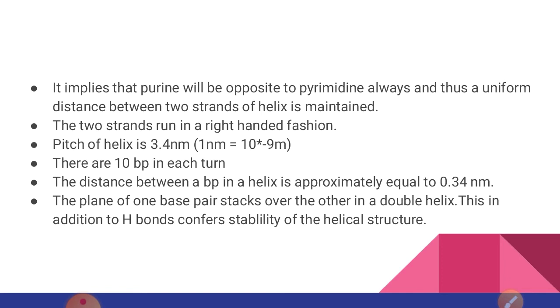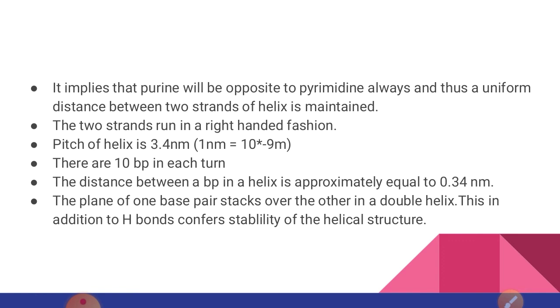The distance between base pairs in a helix is approximately 0.34 nanometer. If the pitch is 3.4 nanometer and there are 10 base pairs in each turn, dividing them gives that a single base pair covers a distance of 0.34 nanometer. The plane of one base pair stacks over the other in a double helix. This, in addition to hydrogen bonds, confers stability to the helical structure.